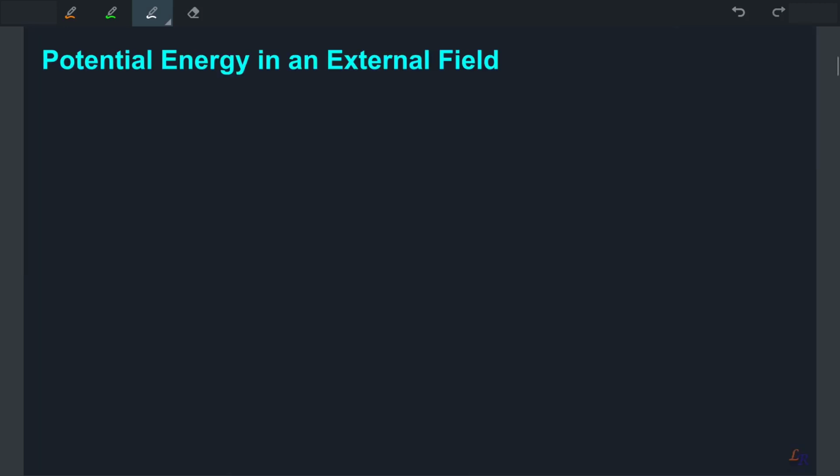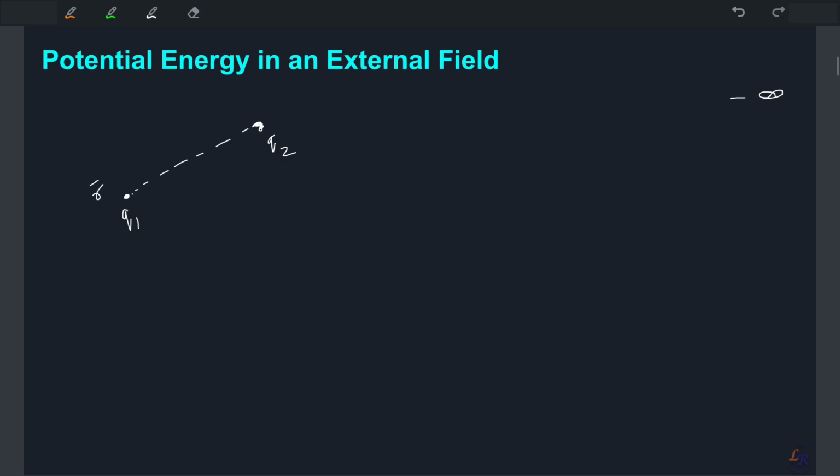Let's say we want to build a system of two charges, Q1 and Q2. When you bring them from infinity to this point, some work has to be done, and that work will be based on the potential at that point. Let's say this is your point R somewhere.